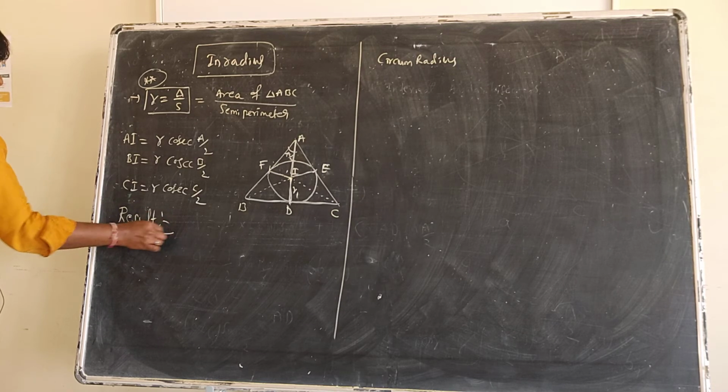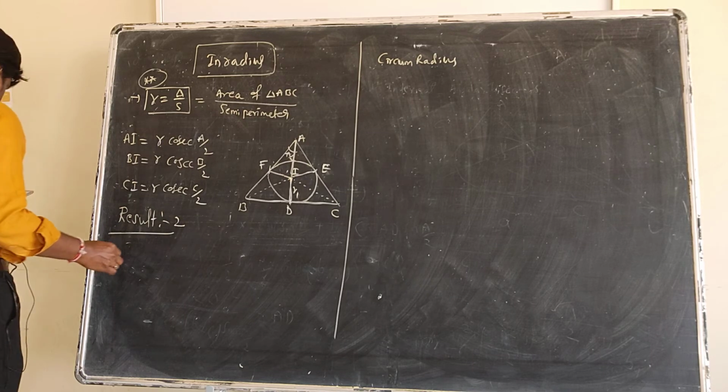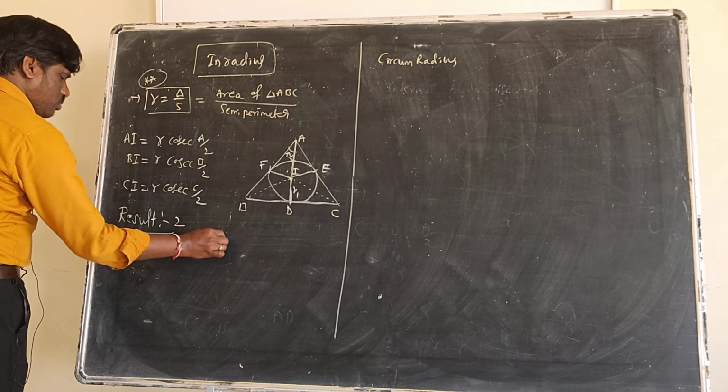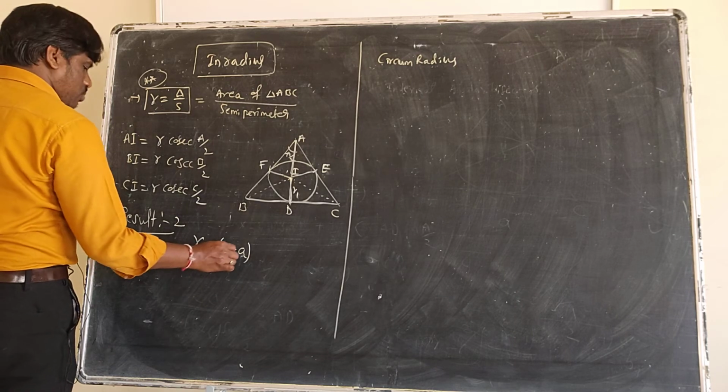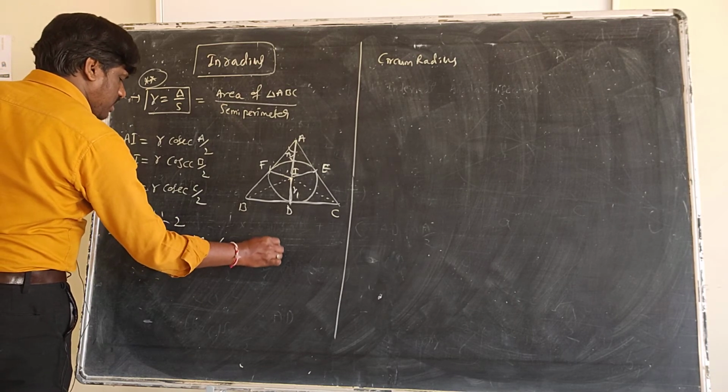Formula number 2: R is equal to S minus A into tan A by 2. I can use this.